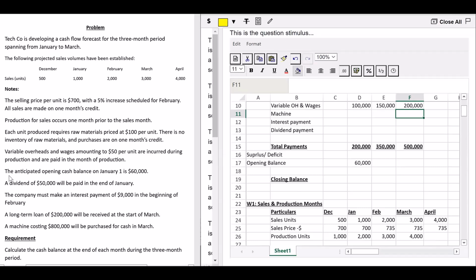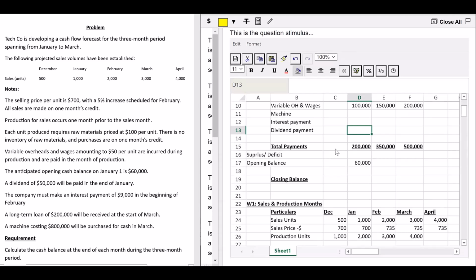The next point, the anticipated opening cash balance on 1st Jan is 60,000, being marked here as opening balance. A dividend of 50,000 will be paid at the end of January. A dividend of 50,000 being paid at the end of Jan is not going to be in Feb.